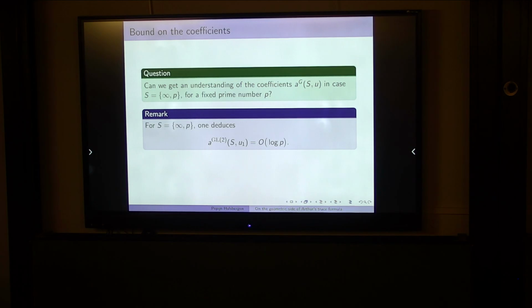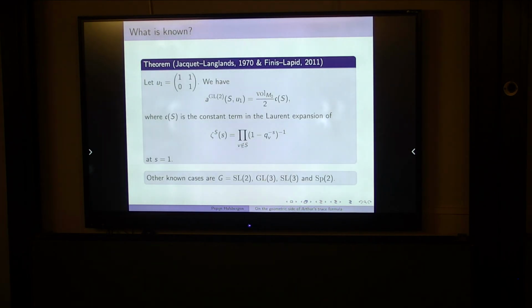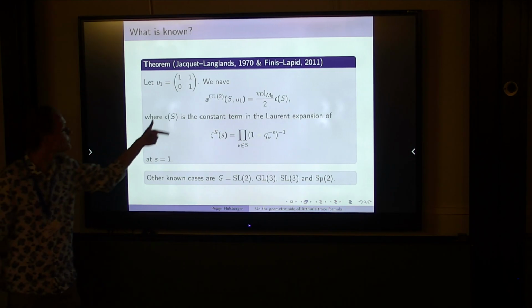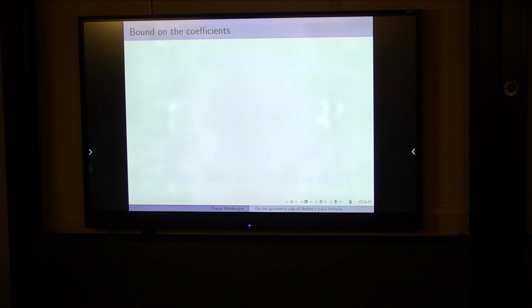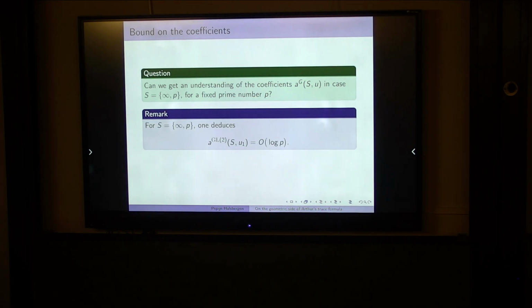Since if we just go back to these coefficients, in the case that S is just this one prime number P, the zeta function is nothing more than the Riemann zeta function times 1 minus P to the power minus S. And then one can compute this constant term, and then one will deduce that this is the case.